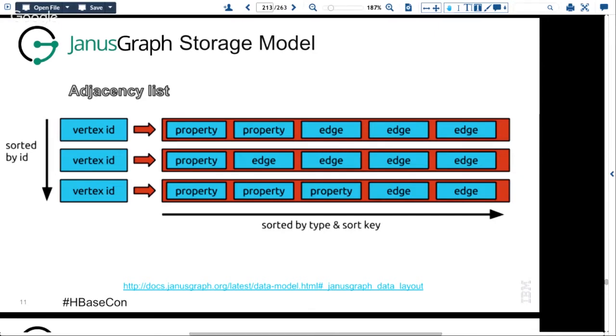So this is sorted by the ID, and also please note that it's also sorted by the relationship on the horizontal side. The reason that it is sorted by the type and the sort ID is to make it very easy to do query traversal, because remember that we're not just trying to traverse on the vertical side.